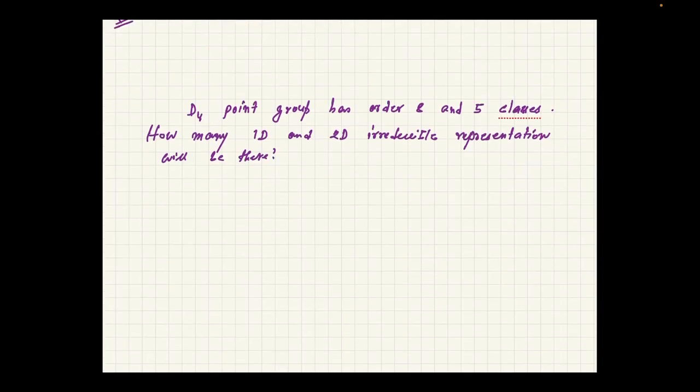Okay, and the answer: it has order equal to 8, and the number of classes is 5. D4 is a non-abelian group. That means the number of classes would be equal to the number of irreducible representations.